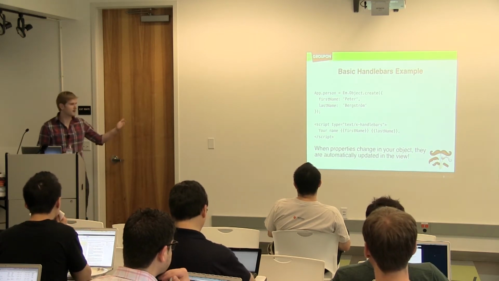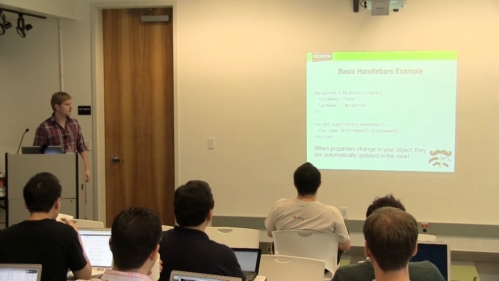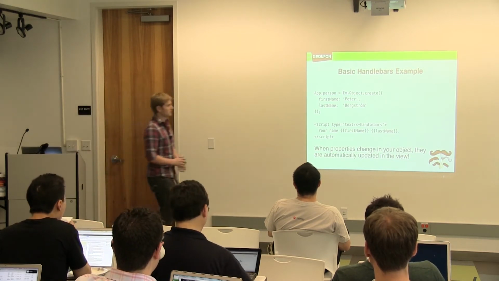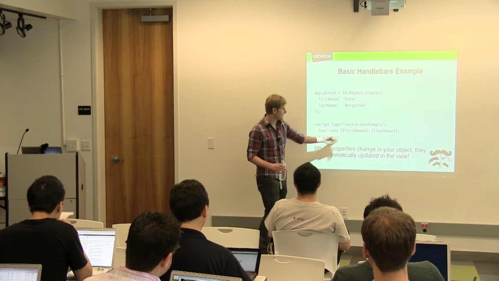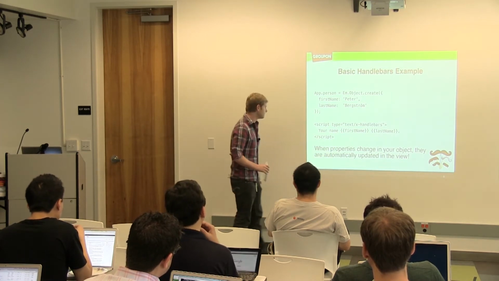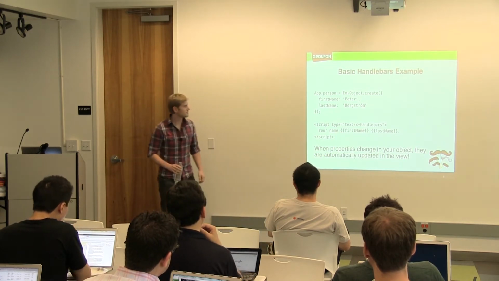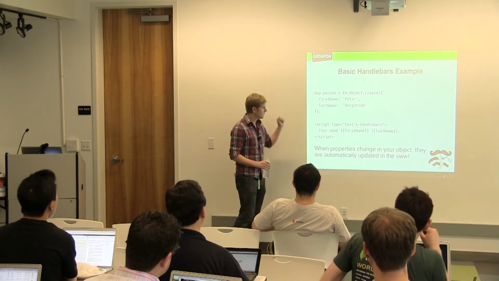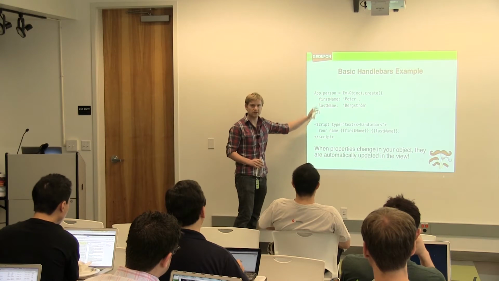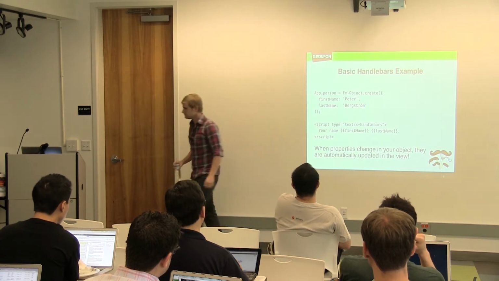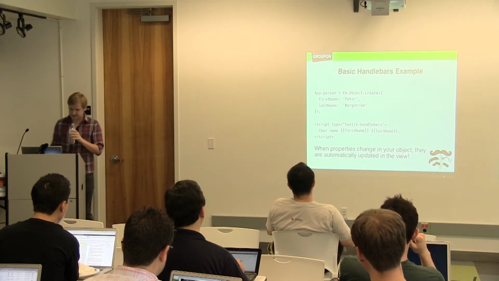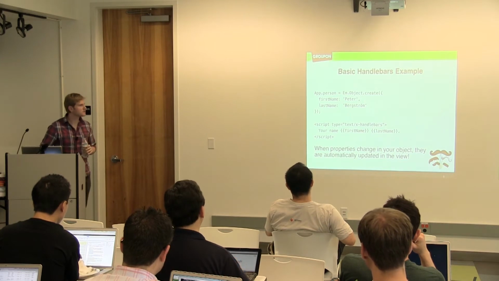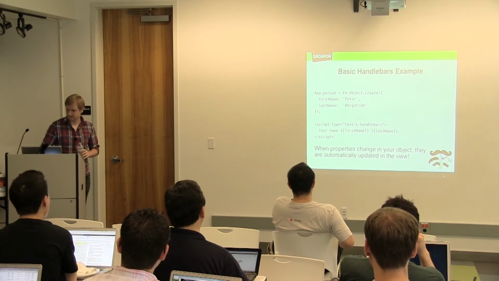In your index file, you just have a script tag, and you can just add mustache tags in there. The thing that's nice about it is that these are all bound properties, so when I change my first name here, it'll automatically update the template. So that's kind of the basics of handlebars, but you can do a lot more with it.